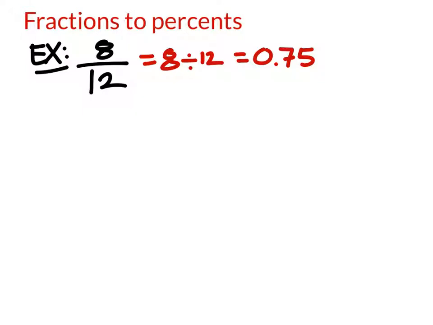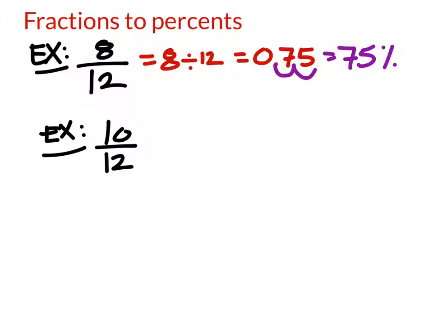And then I change this decimal to a percent, 1, 2 to the right, bam, 75%. So all we're doing is changing this fraction to a decimal and then the decimal to a percent. So it kind of has 2 conversions on that, which is good.